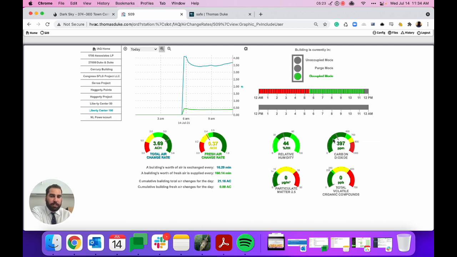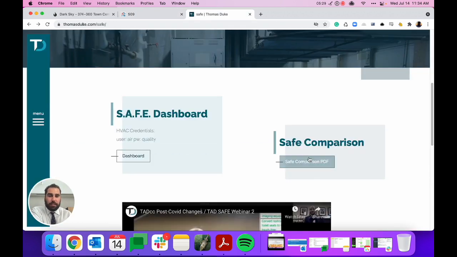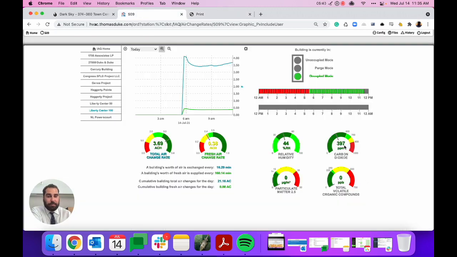We don't want it to get down below, I think 380 is what we're going for there. No greater than, oh, excuse me, I'm going the other way. We don't want to be above 600, so our parts per million of carbon dioxide is great. No dust in the building right now. There's no construction or no vacuuming, so dust levels are low. And there's also no formaldehyde readings.